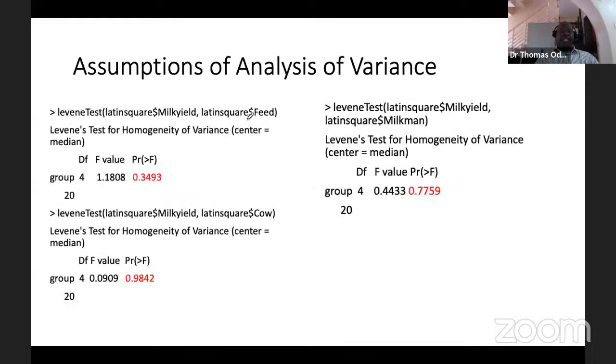So we can test for homogeneity of variance using the Levene test. Here we also see no significant difference. What this tells us is that the error does not vary between the feeds, the error does not vary between the cows, the error does not vary between the milkmen.